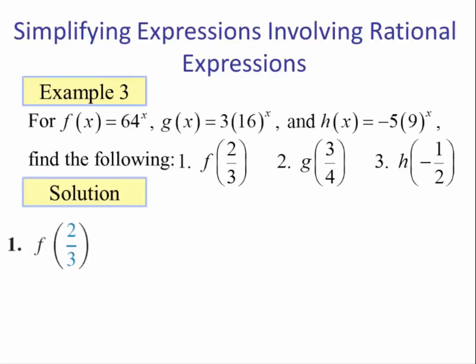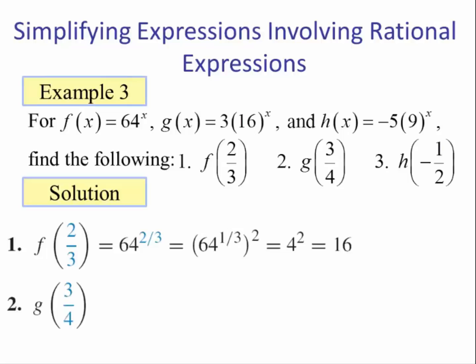Solution. Number 1, f of 2/3 will give us 64 raised to the 2/3 power, and that's equal to 64 to the 1/3 power quantity squared. 64 to the 1/3 power is 4, and 4 squared is 16. So for this function, an input of 2/3 has an output of 16.